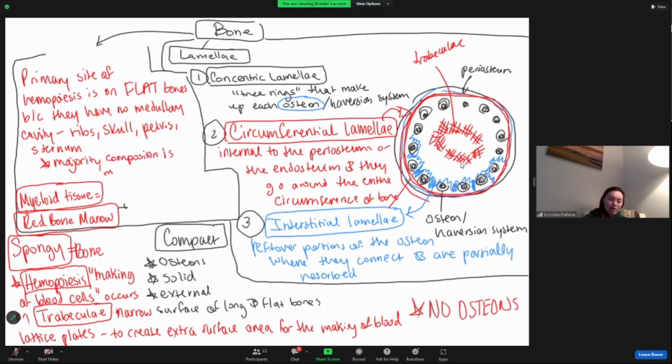They don't have a space in a flat bone to have that medullary cavity that I drew. Because this medullary cavity is not in the middle occupying space, they have a lot more room to focus only on myeloid tissue and only on making blood. And so that's why the ribs, the skull, the pelvis, and the sternum are primarily for hemopoiesis and the making of blood. Myeloid tissue is happening mainly in the flat bones.